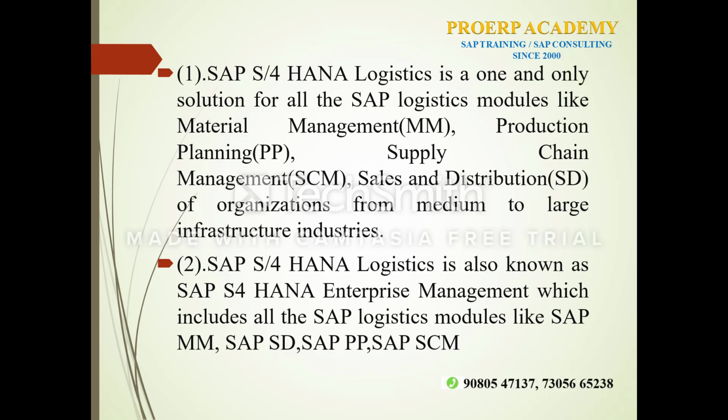So S/4HANA Enterprise Management includes the combination of the different SAP logistics modules, namely SAP Material Management, SAP Sales and Distribution, followed by SAP Production Planning, as well as SAP Supply Chain Management. These are the four important logistics modules which comprise the entire S/4HANA Enterprise Management.